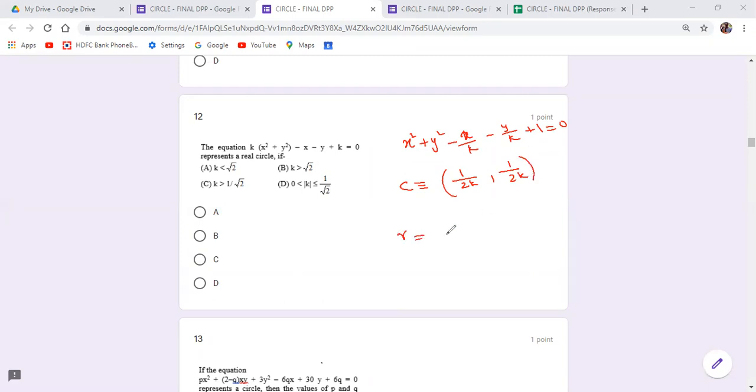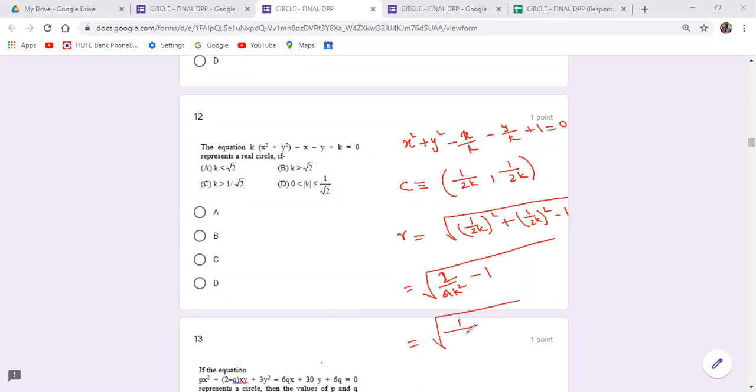And the radius of the circle will be root of 1 by 2k the whole square plus 1 by 2k the whole square minus 1. That became root of 1 upon 2k square minus 1.